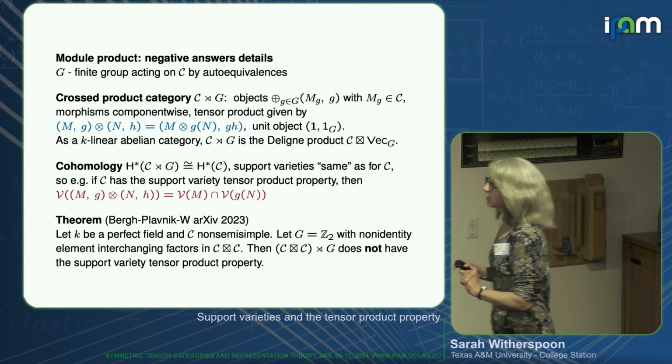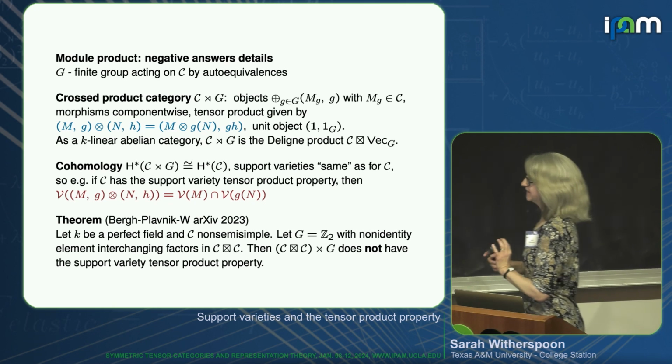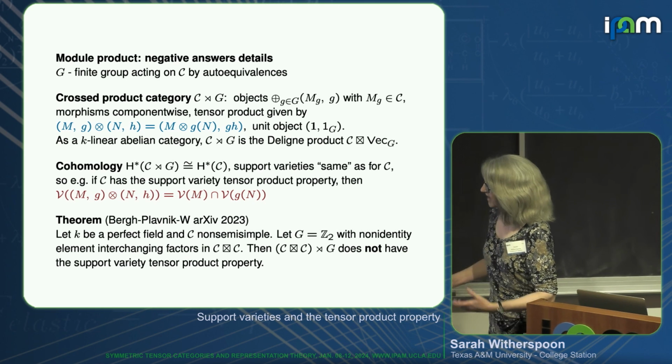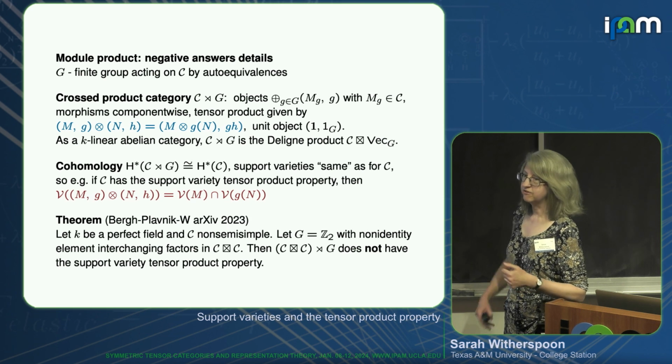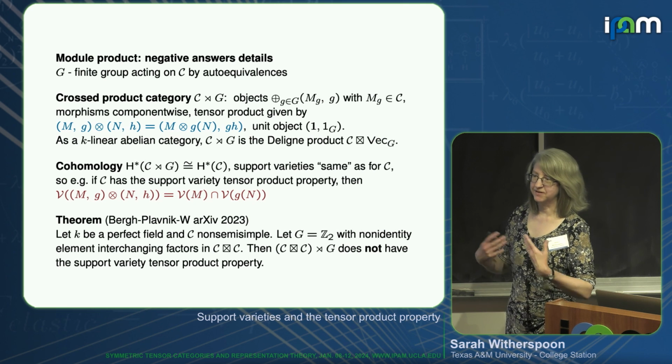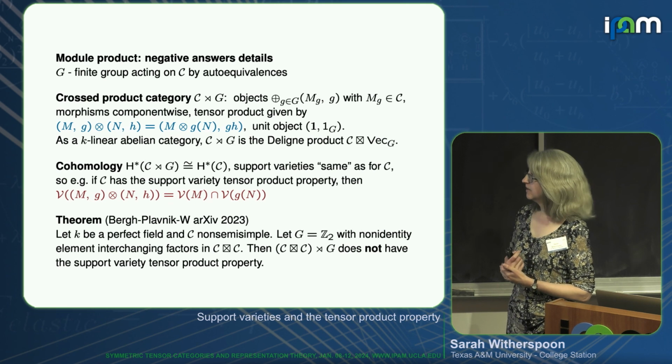Okay. So this is all that I had to say, and I just want to say again, back to the setting of symmetric tensor categories. If anyone has any idea what to do, for example, for positive characteristic, is there something that we can do?